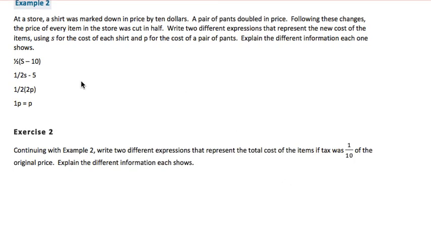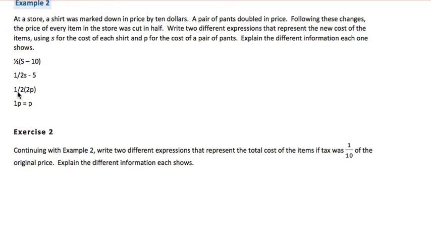And so in example 2, the price of the shirt could be 1/2 times the original price minus 10, or we could distribute the 1/2 and make it 1/2 times the original price of the shirt minus $5.